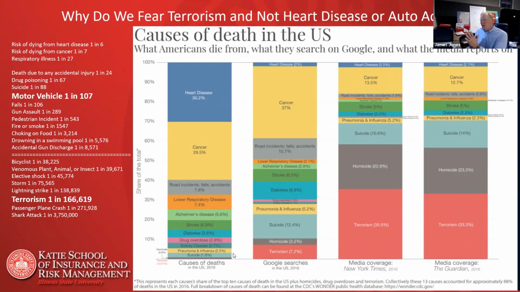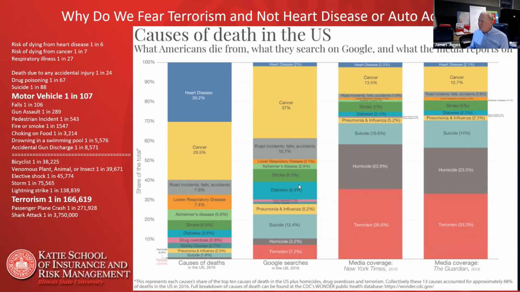Now, when we look at Google searches, which would kind of be an indicator of what people are actually thinking about as in their risk, heart disease doesn't really come up at all. Very, very seldom. Cancer certainly does. People think about cancer and Google cancer a lot.